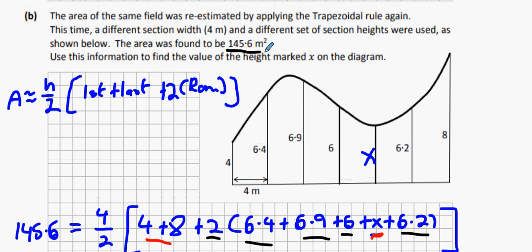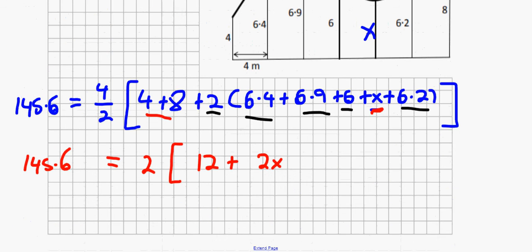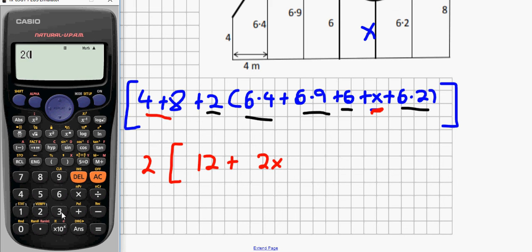It tells you that the area is 145.6. Now, here's what we're going to do. 2 times 6.4 plus 6.9 plus 6 plus 6.2. Close it up. 51.